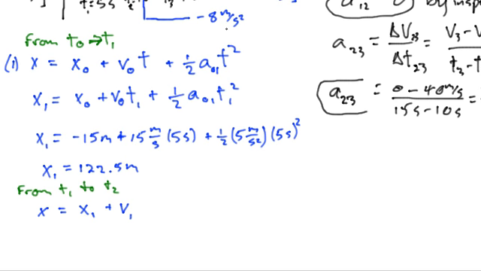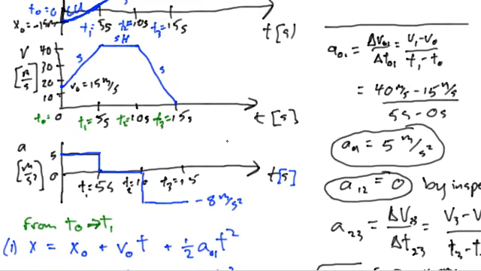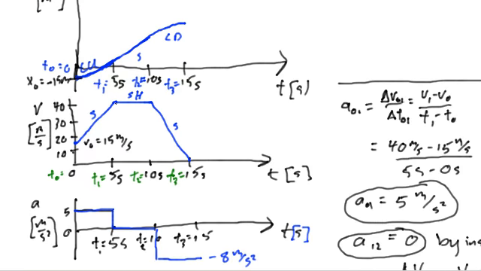The velocity is constant during that time interval, so I could use v1, the velocity corresponding to time t1, or I could use v2. I'm going to use v1. Might as well write it on the graph here too. v1 is 40 meters per second, and v2 is equal to 40 meters per second as well.